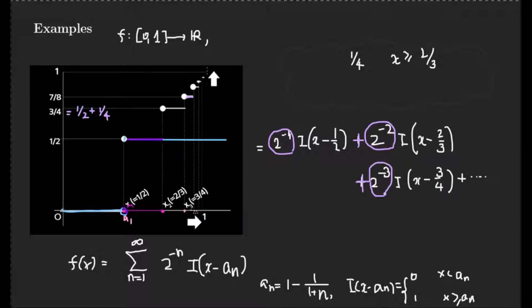So this is 7 over 8, the summation of these terms. If x is larger than 2 over 3 and less than 3 over 4, the value goes here. Of course, this point is discontinuous. Each such point is discontinuous.